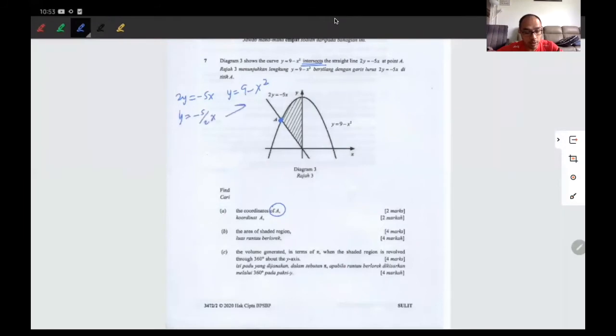Equate these two: negative 5 over 2 x equals 9 minus x squared. Then you find the value of x, you will get x equals negative 2, and you get y equals 5. And then don't forget, the final answer must be the coordinates of A: negative 2 and 5.